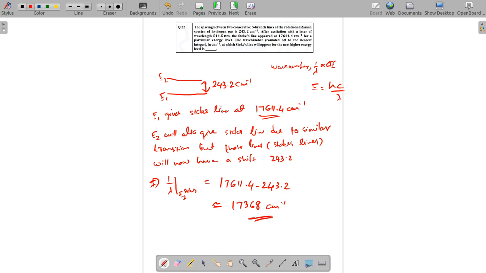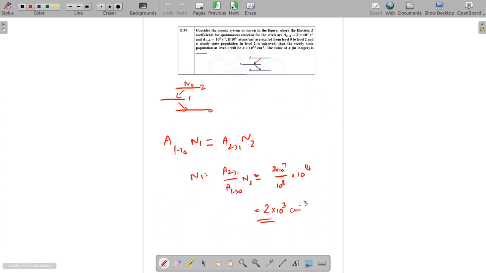In that case you can find the wave number of the Stokes line for E2 as the one for E1 minus this gap between them. That gives you 17368 centimeter inverse. You can find it in the answer key.